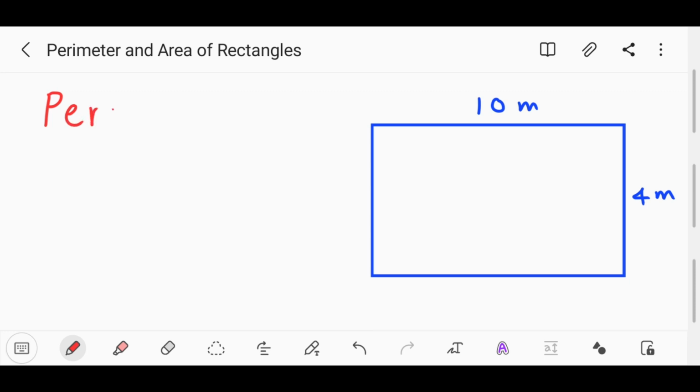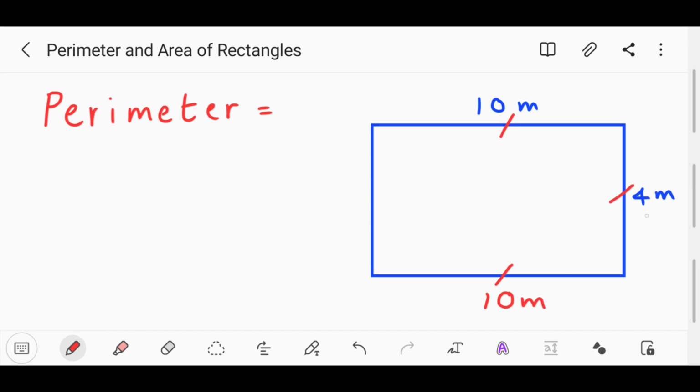Perimeter is the outline of a shape, and in order to find this, we need to add all the sides. Something that we need to understand in rectangles is that the opposite sides are equal. So if this is 10 meters, the opposite side is 10 meters as well. The same applies to this side.